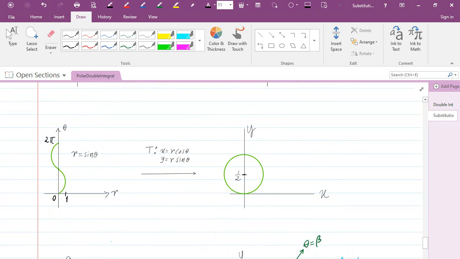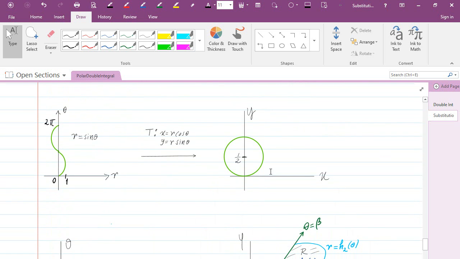Okay, and one more example here. So if I have the graph of the equation r is equal to sine theta in the r theta plane, so I'm thinking of this as a rectangular equation, and this is the graph of that rectangular equation. Then T maps that into a circle of radius half, centered at the point (0, half) on the y-axis in the xy plane.